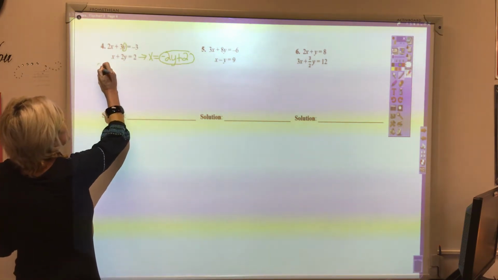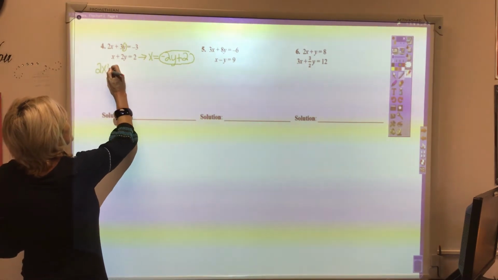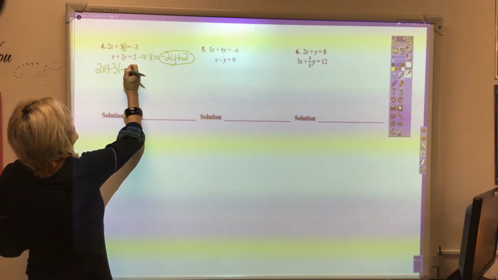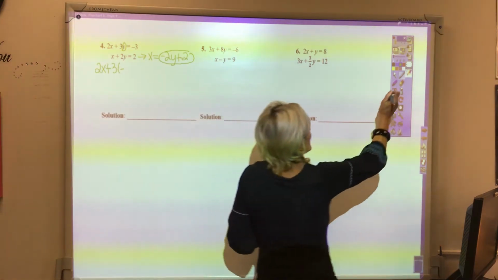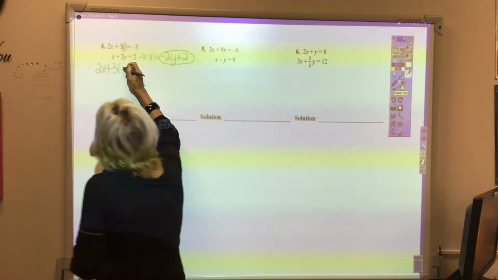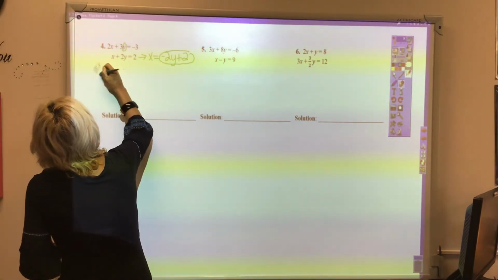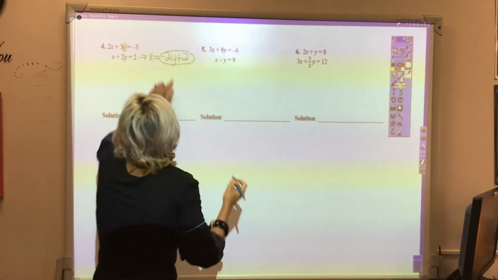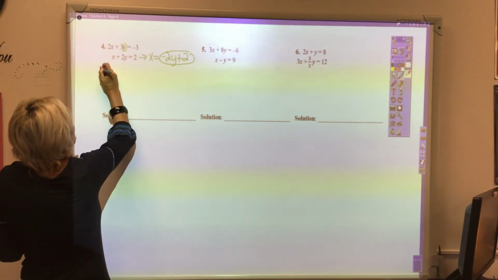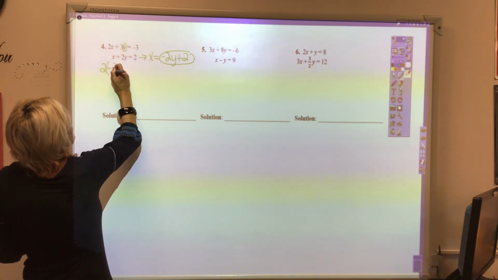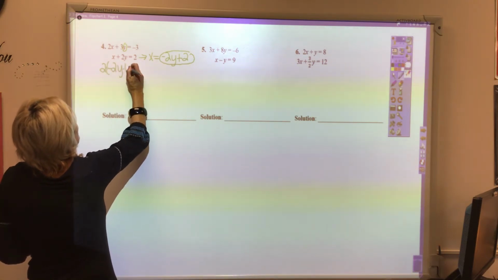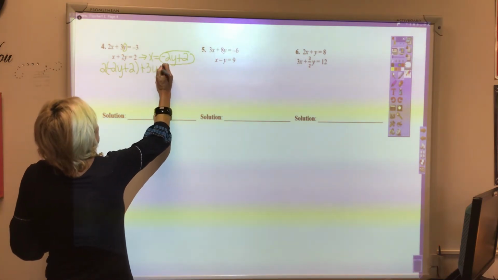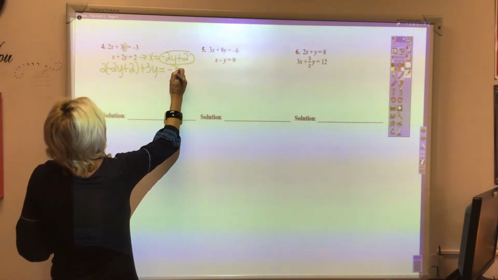So I will have 2x plus 3 times negative, whoops, I did it totally backwards, excuse me. I'm going to substitute this in for x, not for y, because x is equal to negative 2y plus 2. So I'll have 2 times negative 2y plus 2 plus 3y equals negative 3.